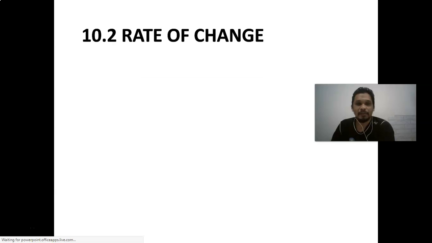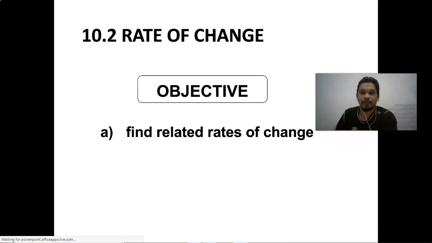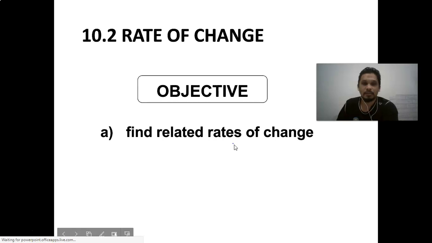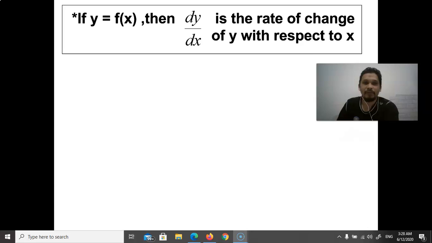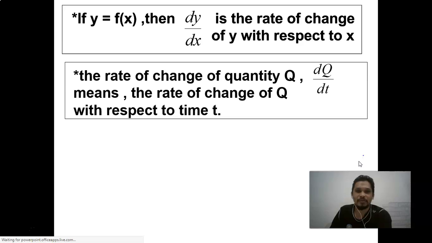Okay, for the topic rate of change, the objective is to find related rates of change. If y equal to f(x), then dy/dx is the rate of change of y with respect to x.